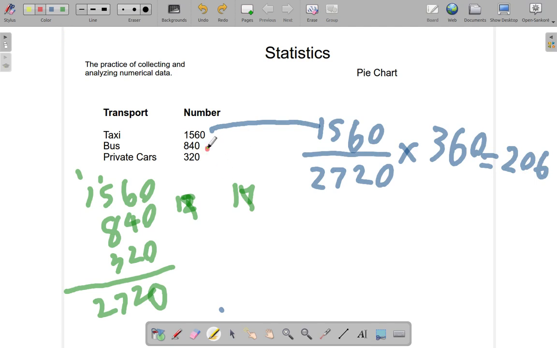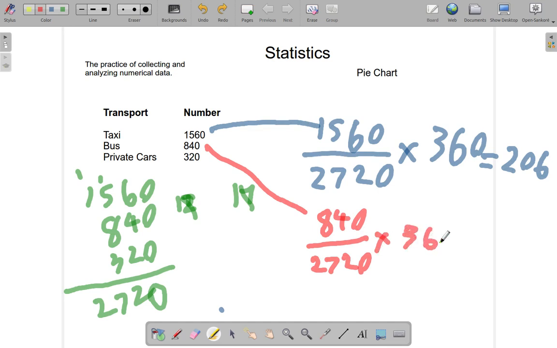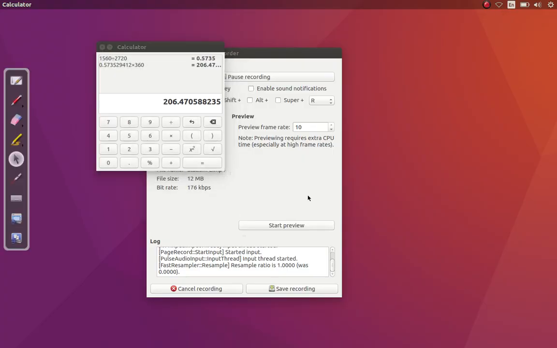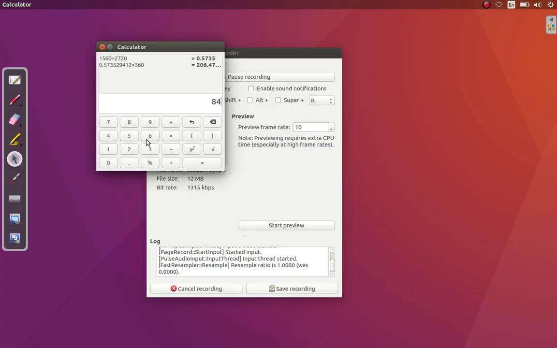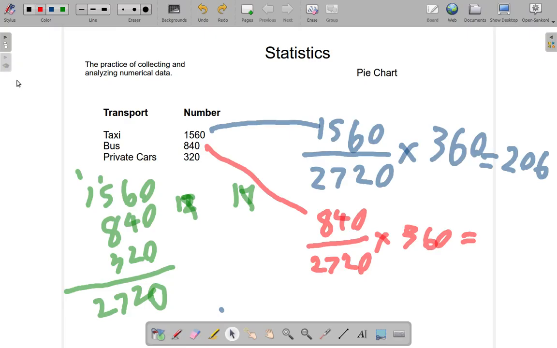Then I want the angle taken up by the bus. 840, that's the bus, over a total of 2720 times the 360 degrees. 840 over 2720 by 360. 840 over 2720 times 360, and that gives me 111 degrees. So that's 111.